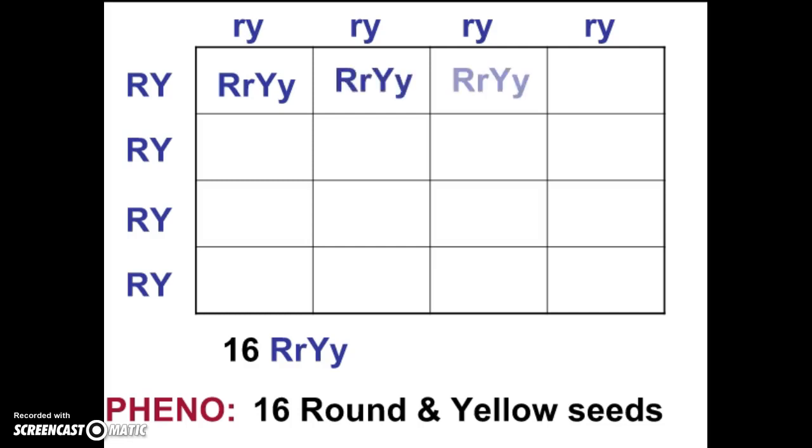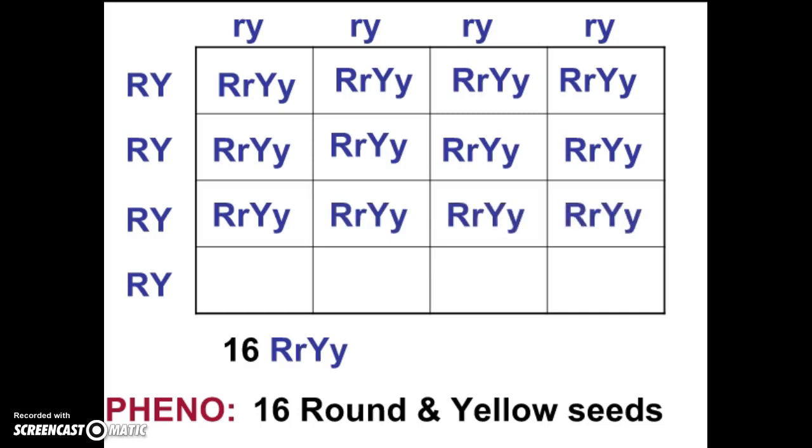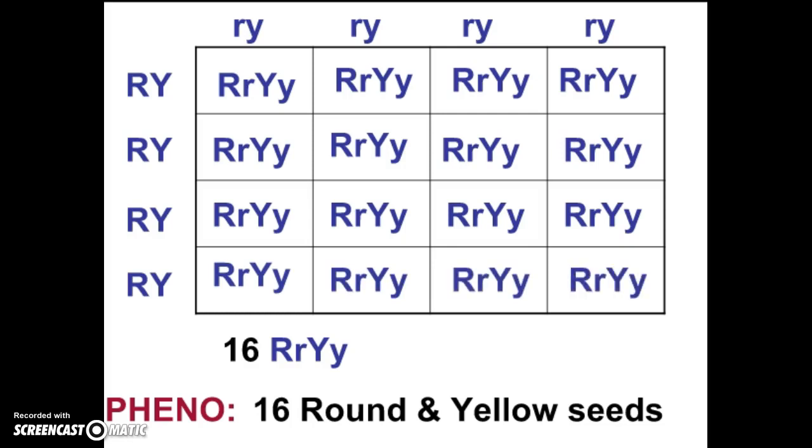Now you'll notice a pattern after a few entries here: if you take two purebred individuals, you will end up with a hybrid. Same situation here. Doesn't matter if it's one trait or two traits. We will have 16 heterozygous or hybrid individuals, but they will all look to have yellow seeds and they will have round seeds as well.